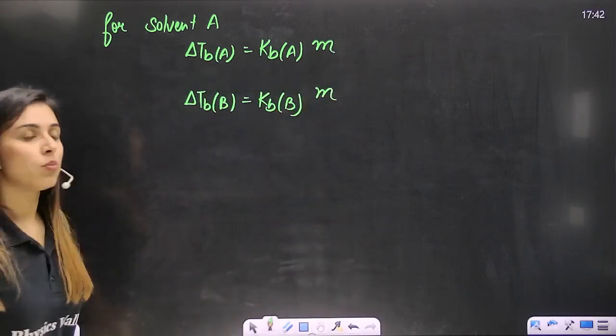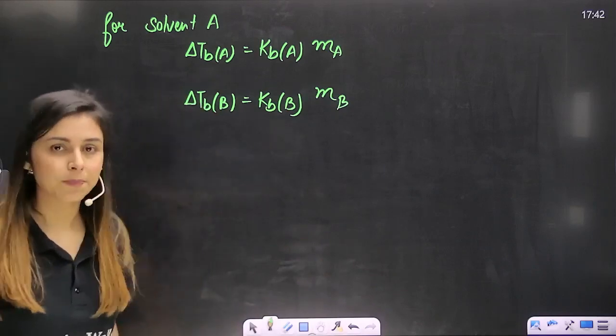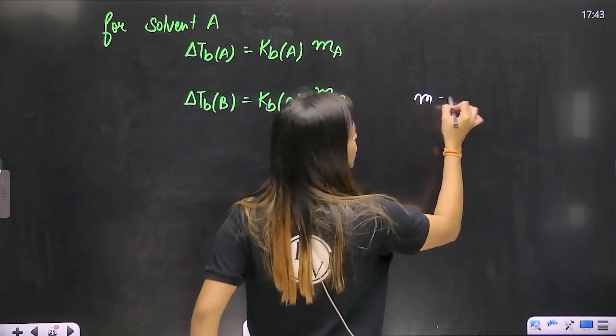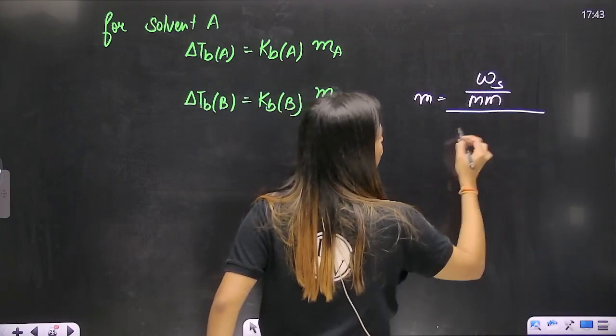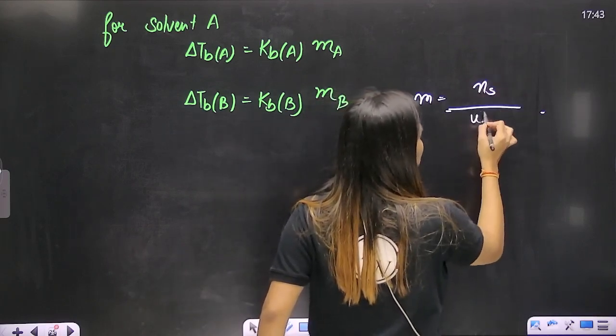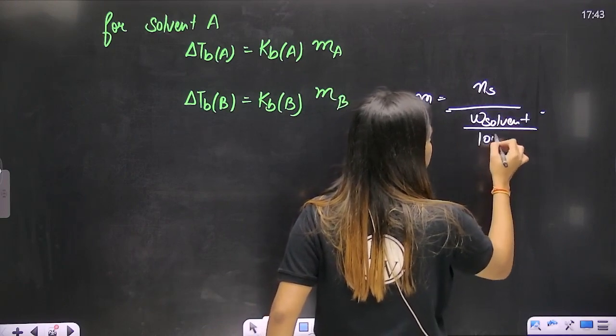Molality of A and here molality of B. Now, my dear students, you know that molality is equal to mass of solute upon molar mass of solute, I can say moles of solute, upon mass of solvent upon 1000.